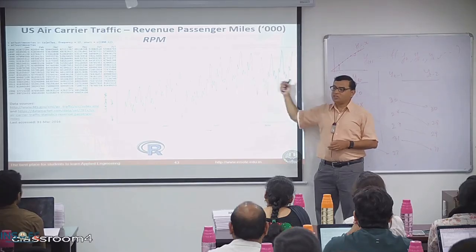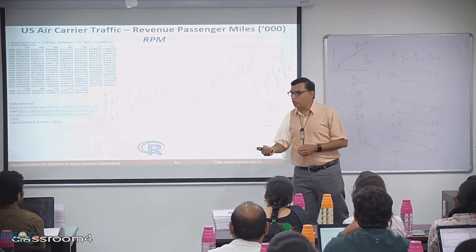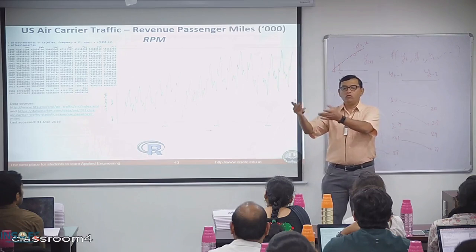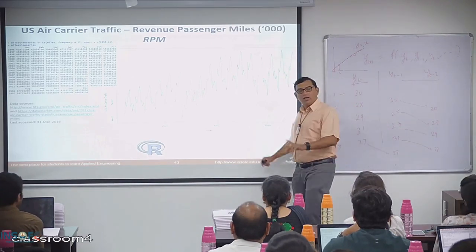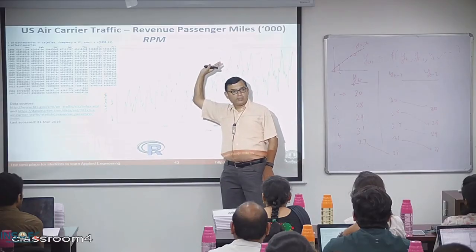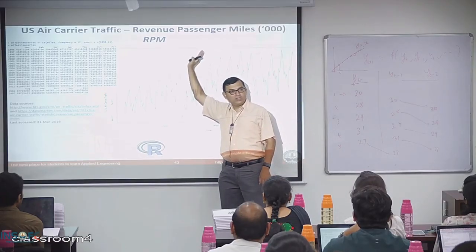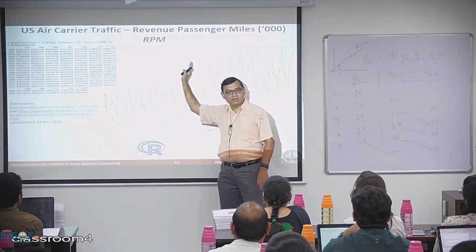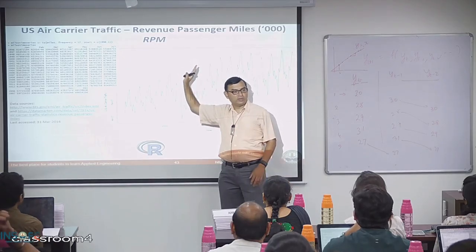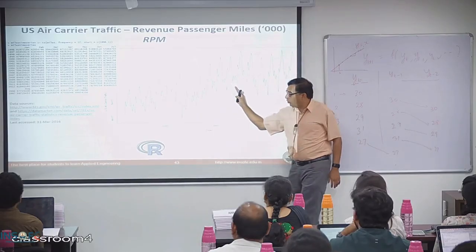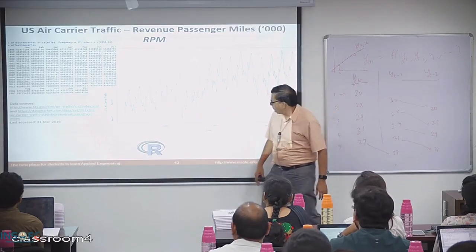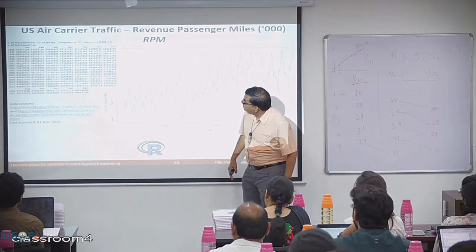So just counting passenger count alone does not give you full information. You compute revenue and miles together, right? Revenue passenger miles is the metric that mixes both of them. This is being plotted for the past, I think 15 years, started around 1996.